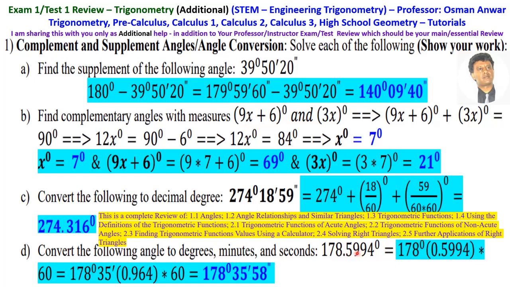Then take this change, which is 0.5994 degrees, multiplied by 60, it gives you 178 degrees 35 minutes. Then it gives you this change, 0.964, which is in minutes, multiplied by 60, that will change to seconds. And this is 178 degrees 35 minutes and 58 seconds.